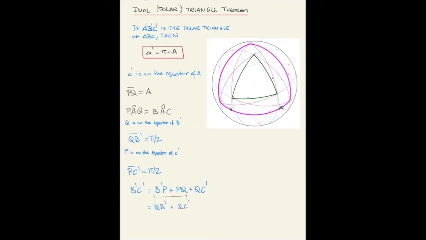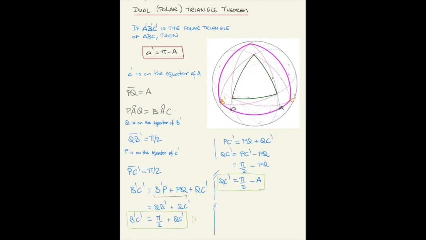And QB prime is equal to pi over 2. Also by geometrical construction, PC prime is equal to PQ plus QC prime. So we can isolate QC prime as PC prime minus PQ, and PC prime is equal to pi over 2, and PQ is equal to A.